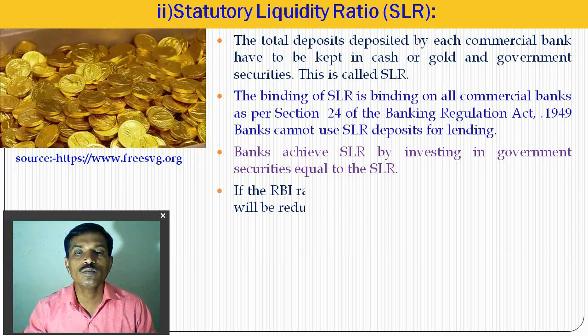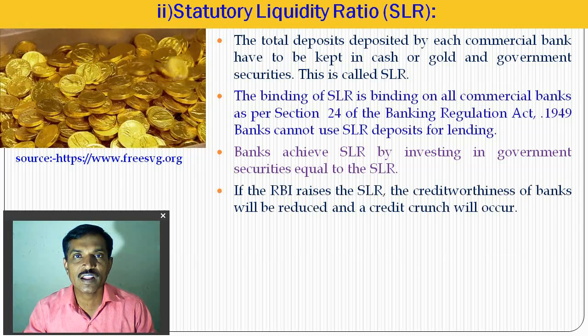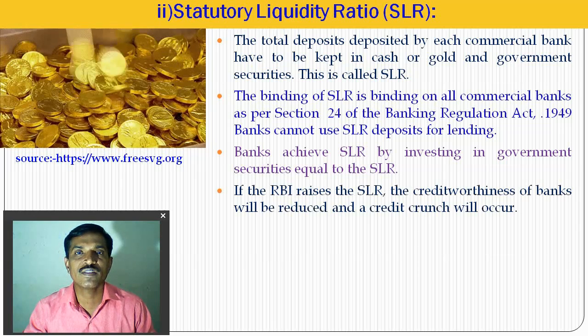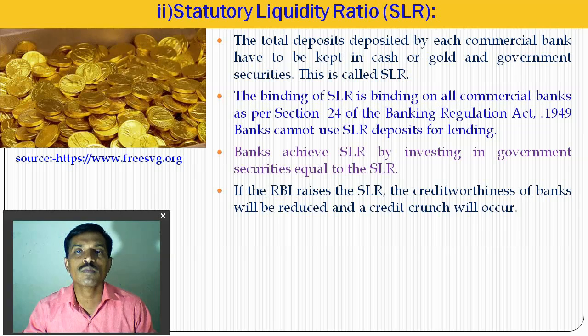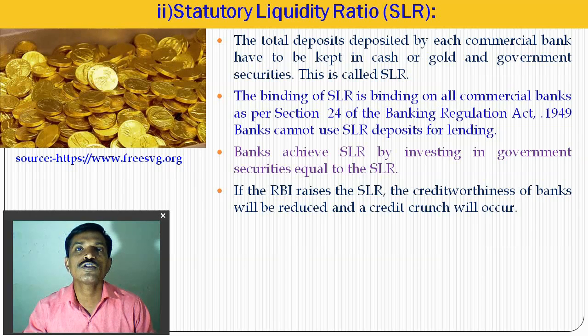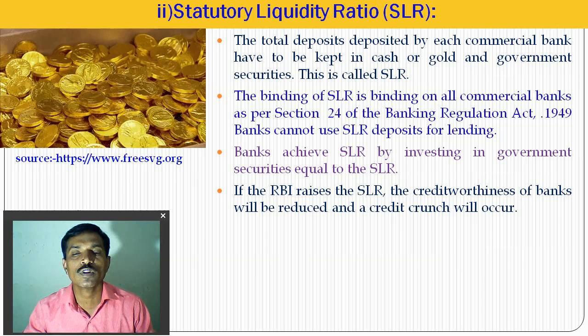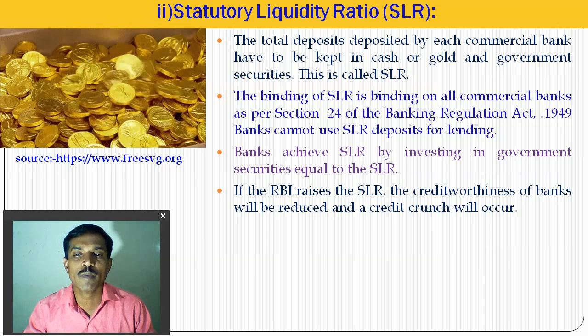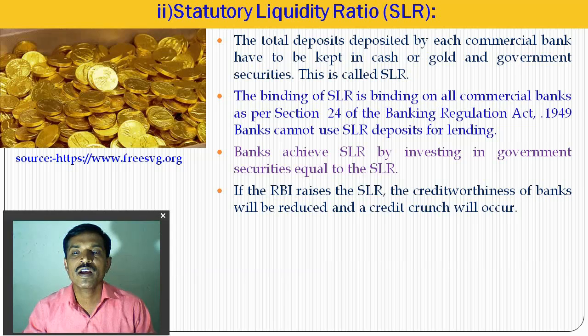So when the SLR is increased, their liquid assets are reduced, and on the basis of these assets they can borrow from the market. Reducing these assets reduces the loan-taking ability of the commercial bank from the market and its capacity to distribute loans to customers. If the RBI raises the SLR, the credit worthiness of the bank will be reduced and a credit crunch will occur.